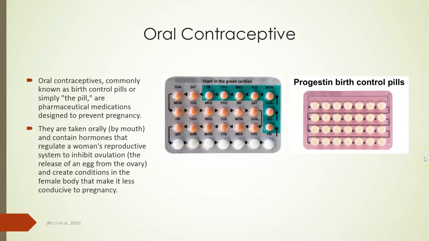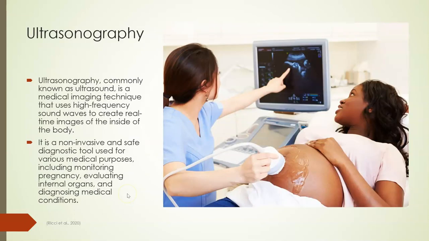The next pill is our combination pill. This pill contains two hormones, estrogen and progestin, and works by suppressing ovulation, thickening the cervical mucus, and making it difficult for the sperm to reach the egg.